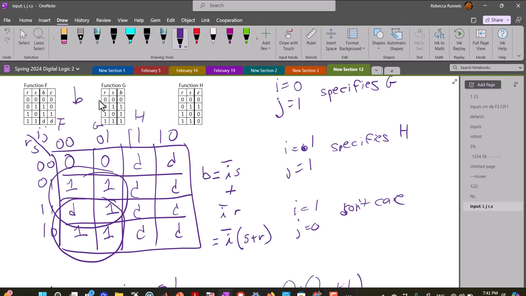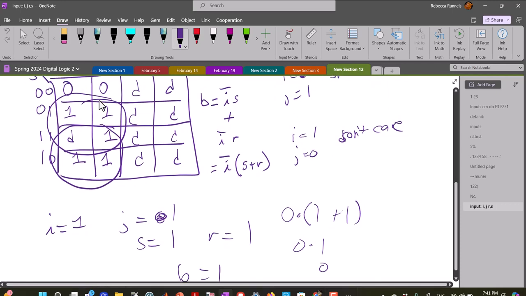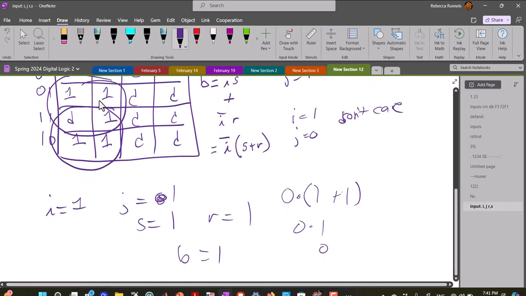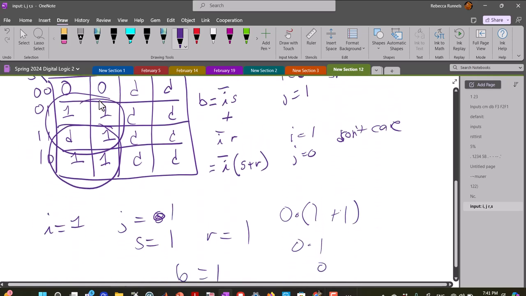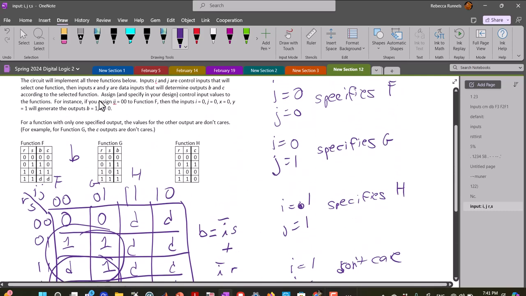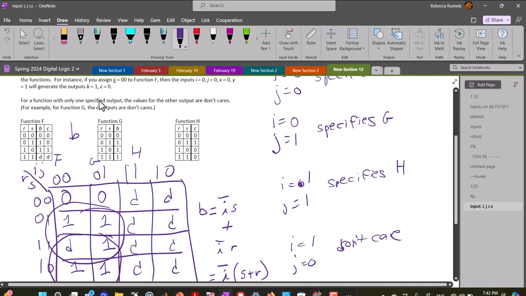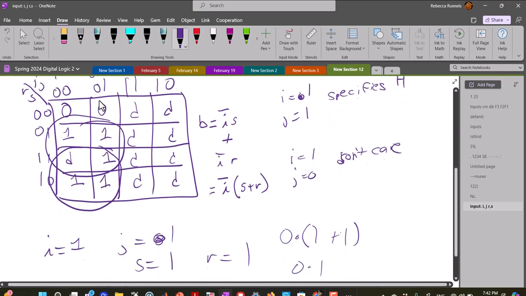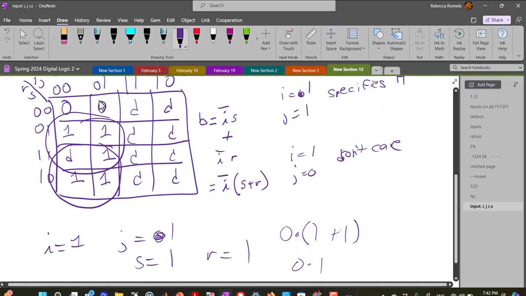And this group has I equal to 0 and R equal to 1. Yeah, okay, so that's why.